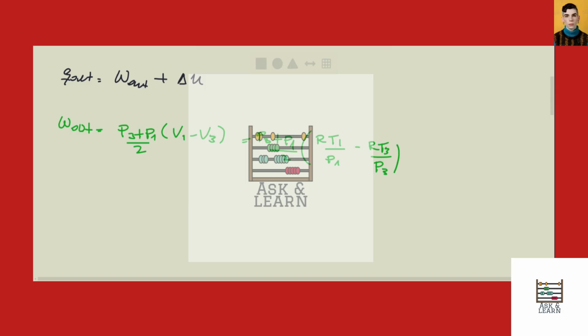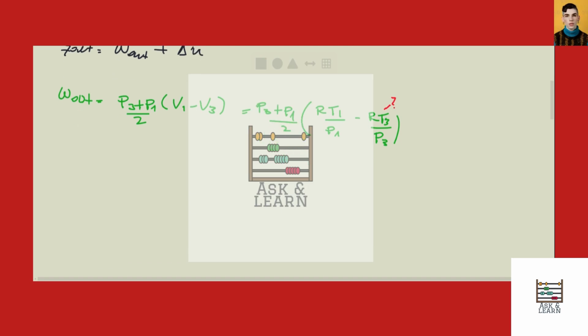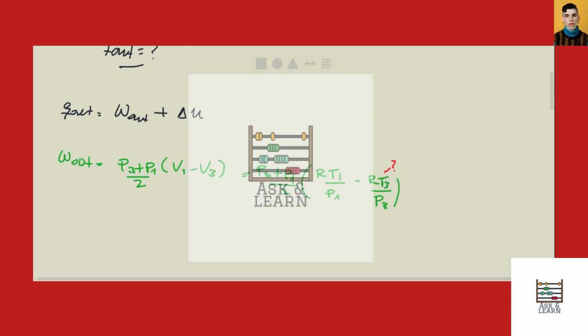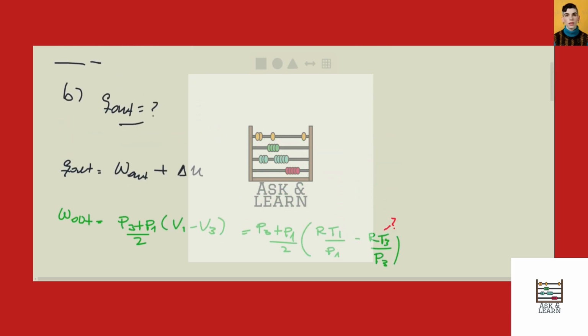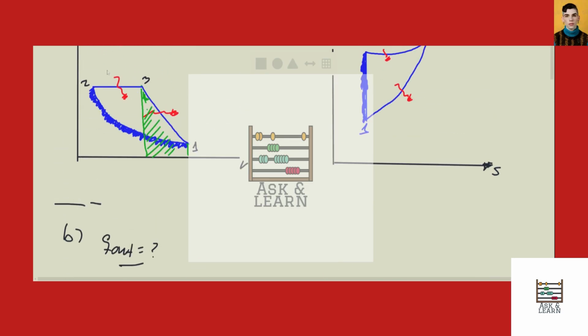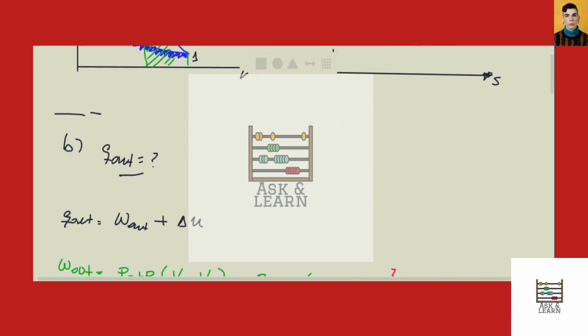But again, there is a problem. We do not have the temperature 3. So let's find out the temperature 3 before finding out what is the output work. So to find the temperature 3, let's look at the cycle. We can use the transformation from 1 to 2 to find the temperature 2. And with the temperature 2, we can find the temperature 3. Let's see how we're going to find this.